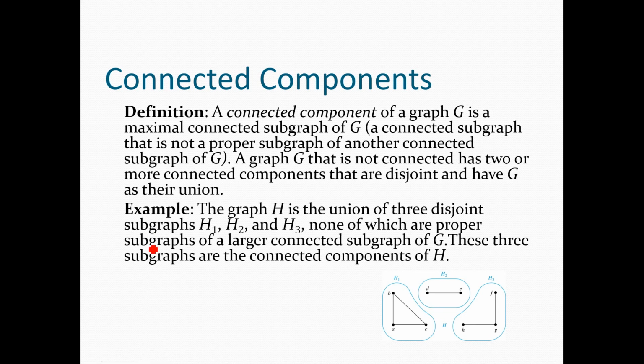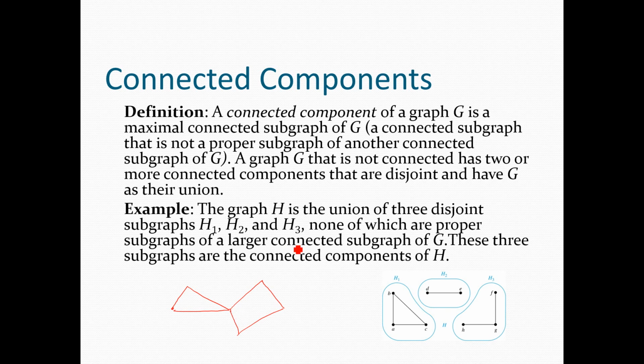a graph G. So for example, if we have a graph like this, okay, this is connected, of course, so it has one connected component. If we extend it like this, it is again a connected graph, and it has one component.